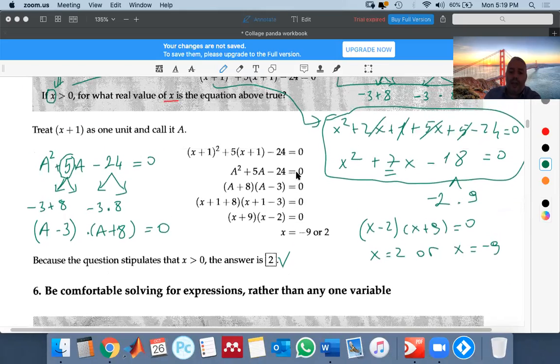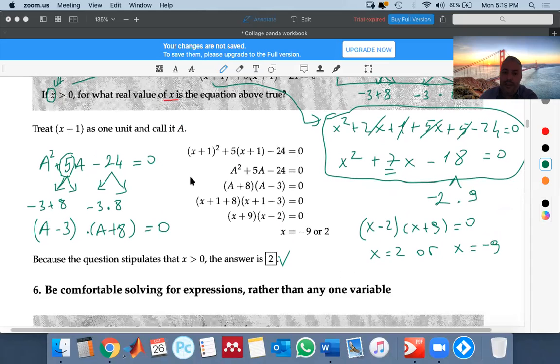When we look at here, I said that a squared, like x squared, plus 5a minus 24. So a squared means coefficient of a squared is 1, which means m and n, negative 3 times 8, which is negative 24.